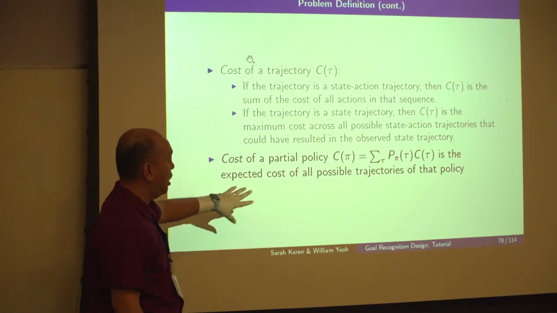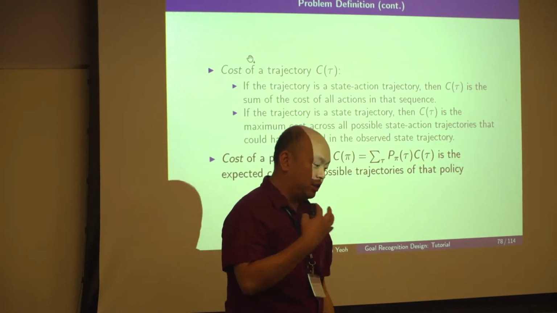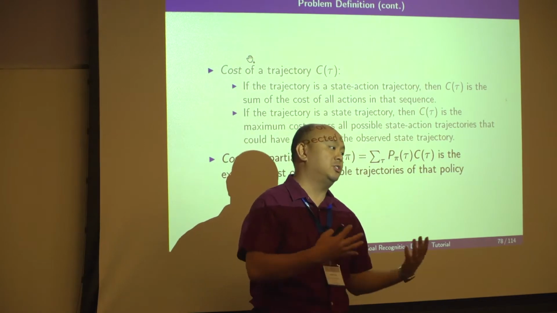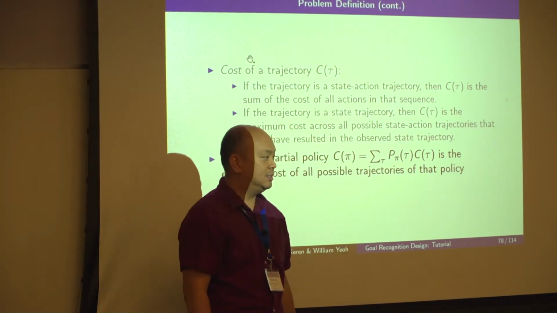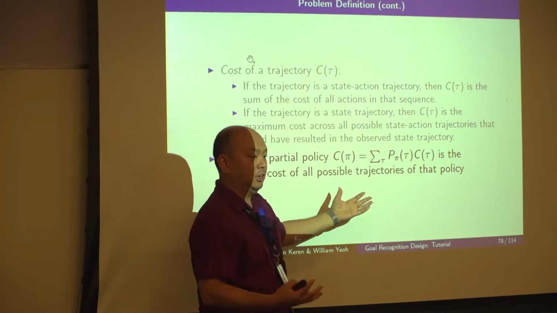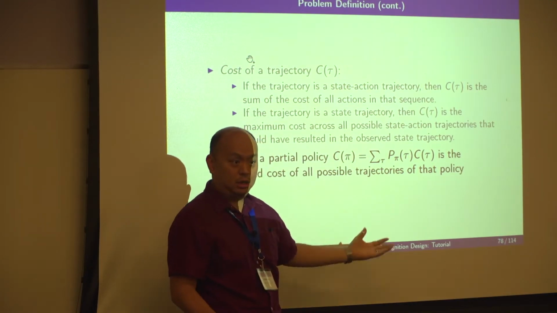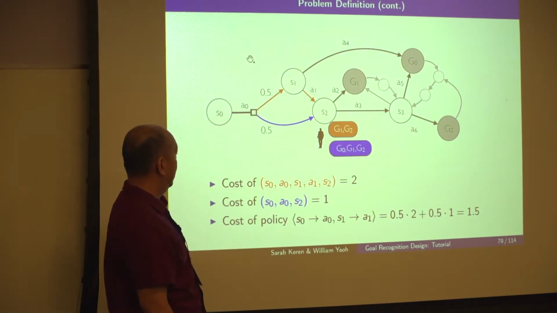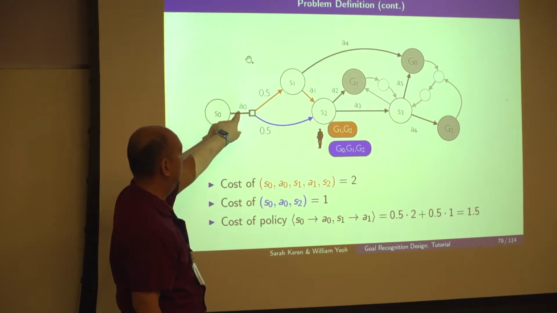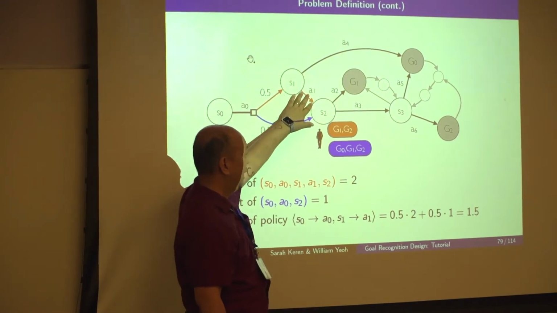And then policies. Now that you have trajectory costs, you also want to combine the costs of different trajectories into a policy, and it's essentially just an expectation over all the different trajectories if you were to take that policy. So if you look at this simple partial policy here, where you say if you're at S0, take A0, and if I'm at S1, take A1.